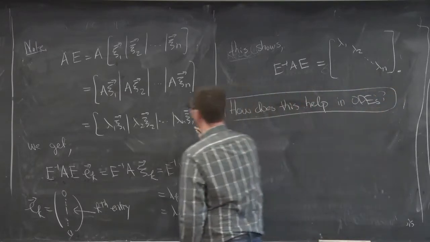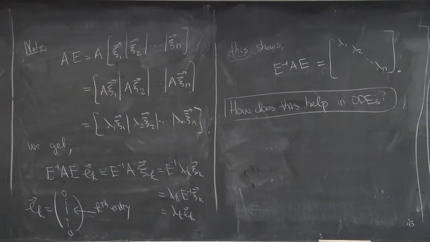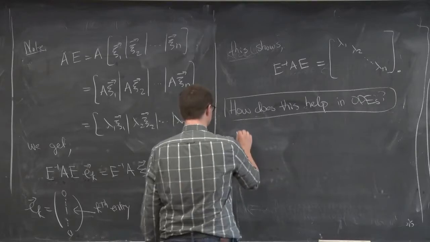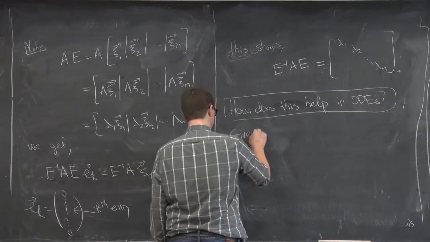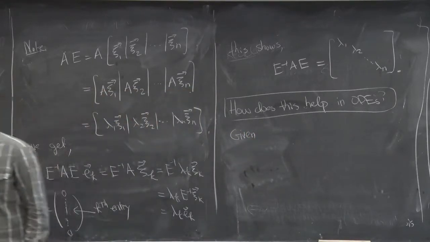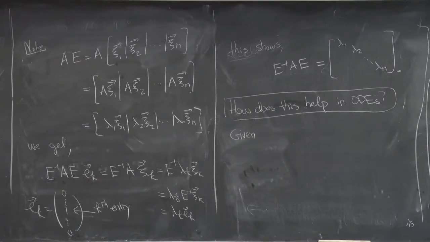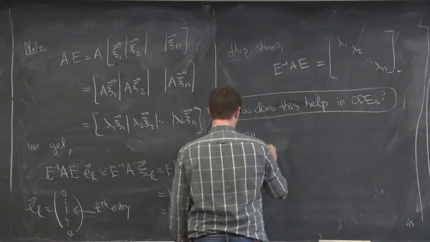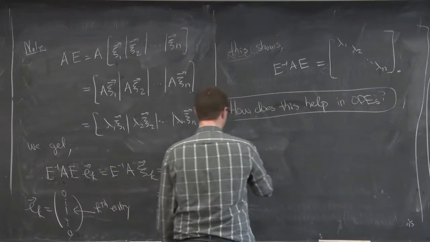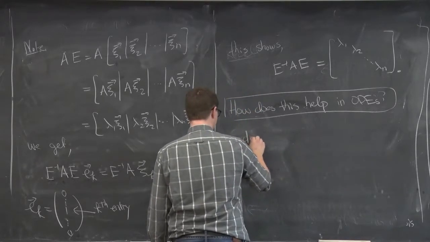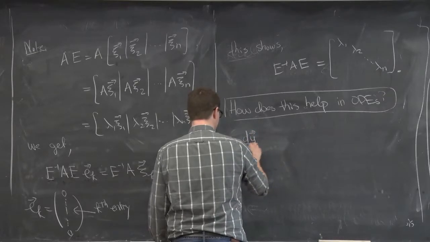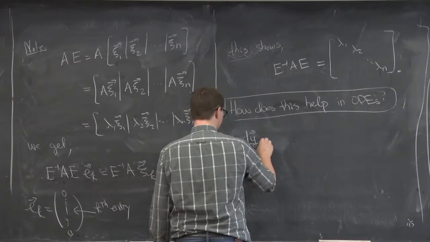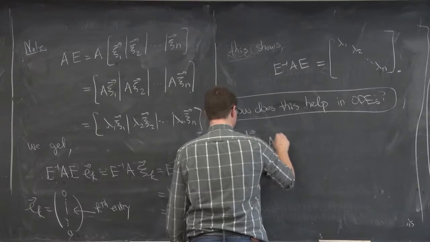Okay, how does this help with ODEs? I'm trying to go back to this question. So given a vector y, let me just do something in symbols. dy/dt is equal to Ay.